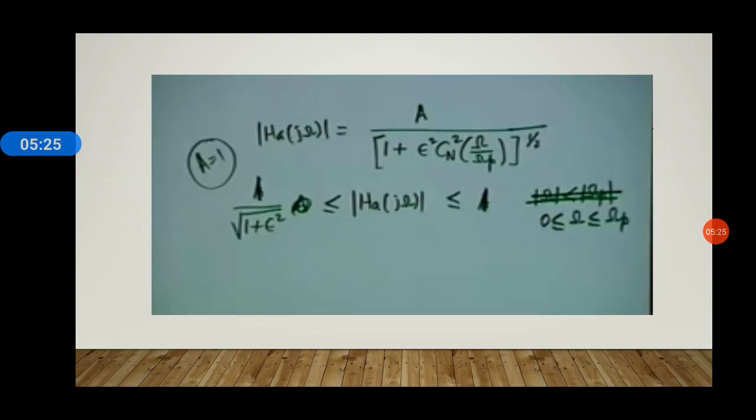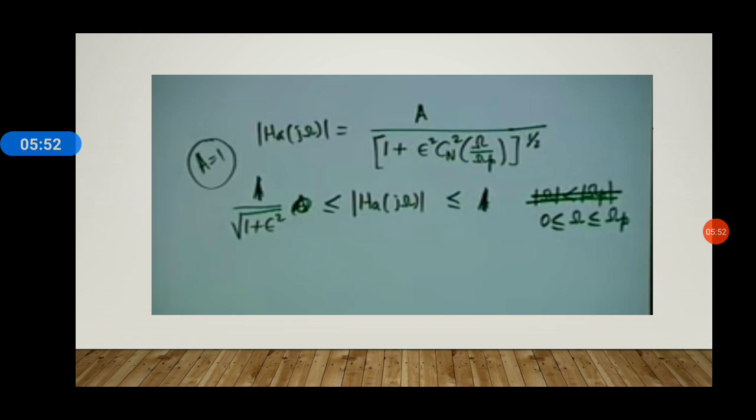Now the magnitude of H(omega) in the pass band would lie between 1 by root over 1 plus epsilon square and 1, because in between 0 to omega p, Cn would have a minimum value of 0 and a maximum value of 1.